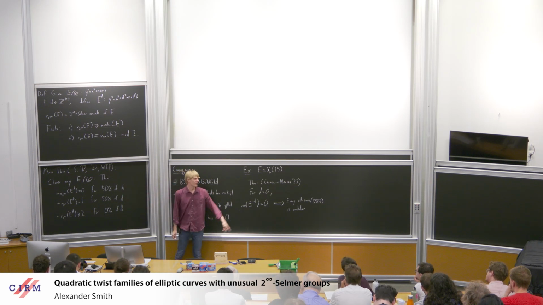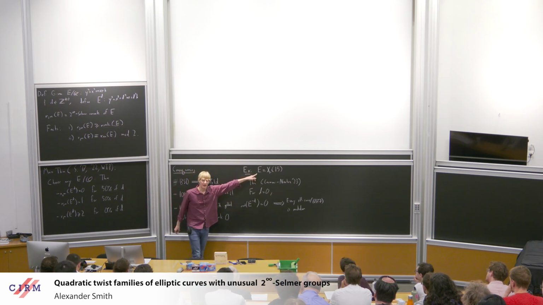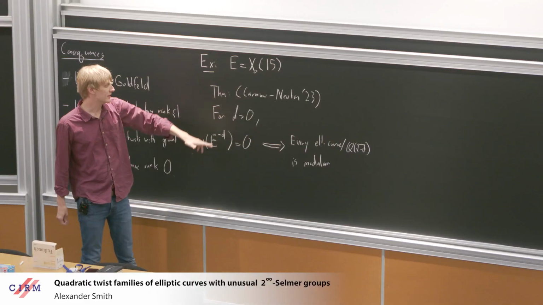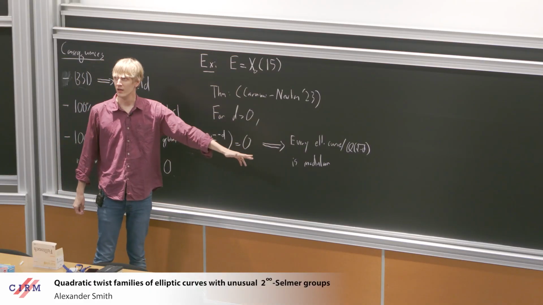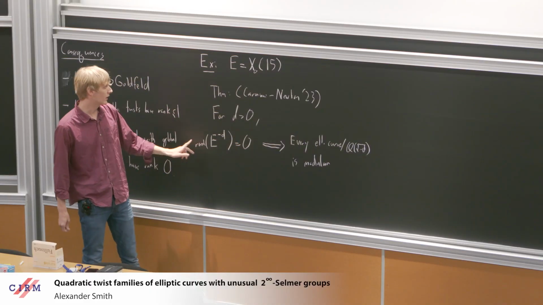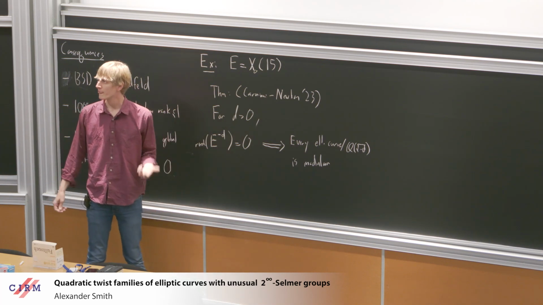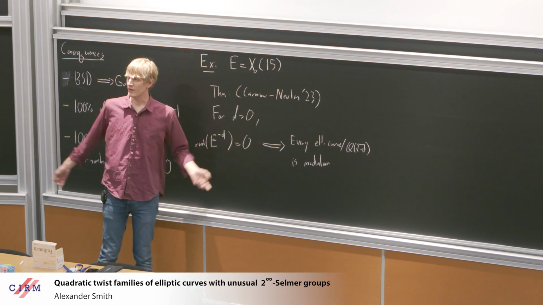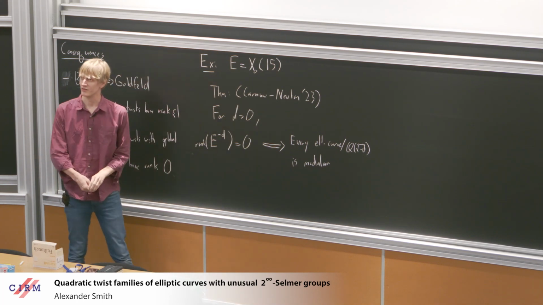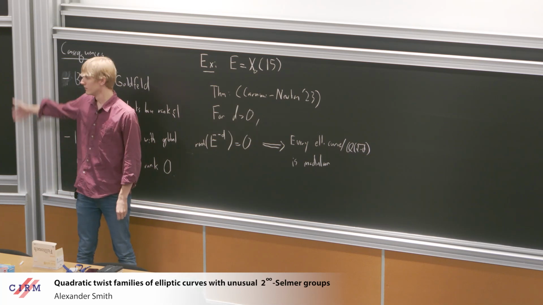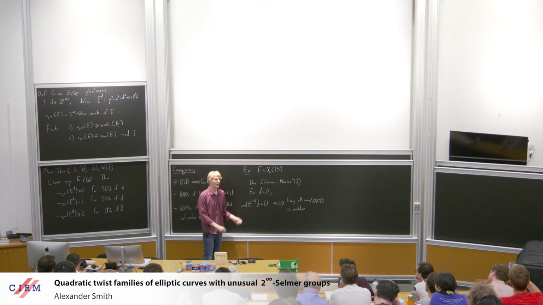I hadn't been able to show that Goldfeld was true for this elliptic curve, but then James Newton got in contact with me and said, hey, we have this theorem. Can you tell us anything about what the twists of this look like, what their 2-infinity Selmer groups look like? And I was like, I'll try, and maybe we can get some partial statement. But then I fidgeted with the thing for a week, and I'm like, oh, everything works out.